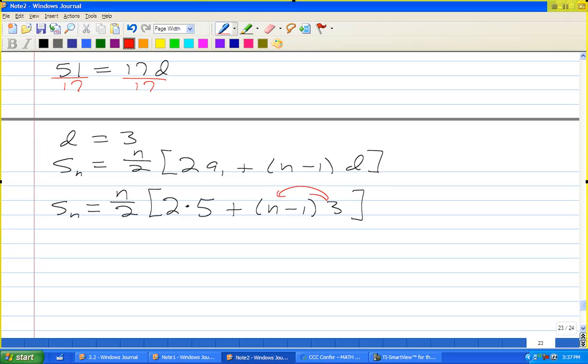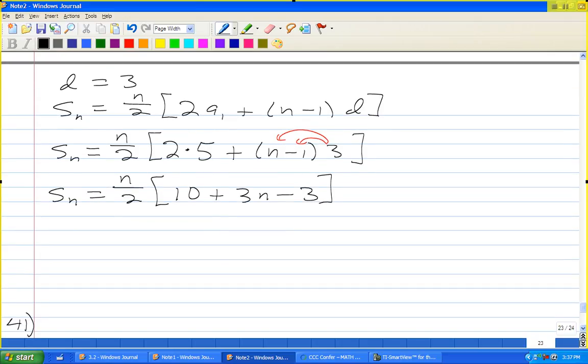Multiply 3 inside the parentheses. And so S sub n is equal to n over 2, 2 times 5 is 10, plus 3n minus 3. And so you get that S sub n is equal to n over 2 times 3n plus 7. And that's your answer.